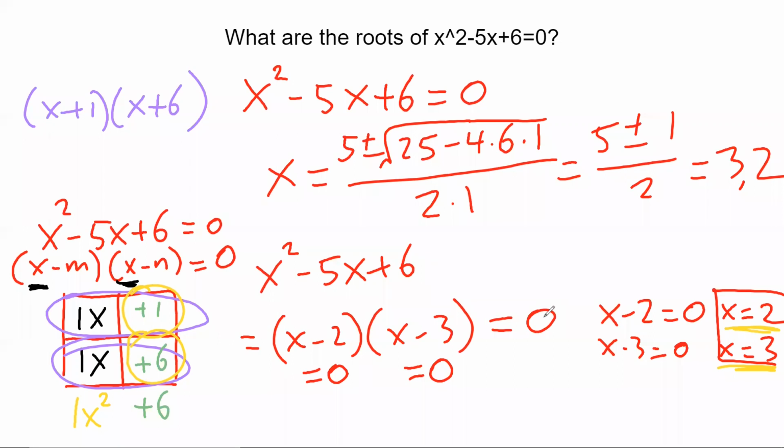Well, we get x squared plus 7x plus 6. And once again, these two equations are not the same, which means we have to go back and try different numbers.